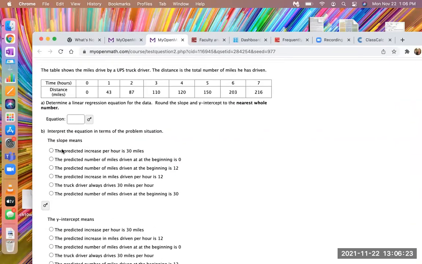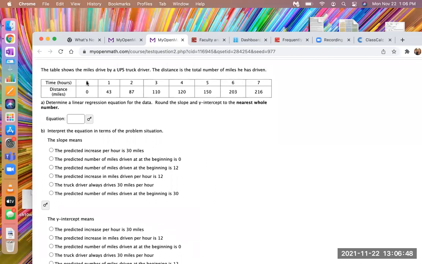The table shows the mileage driven by the UPS driver. The distance is the total number of miles he has driven. He is given the number of hours.